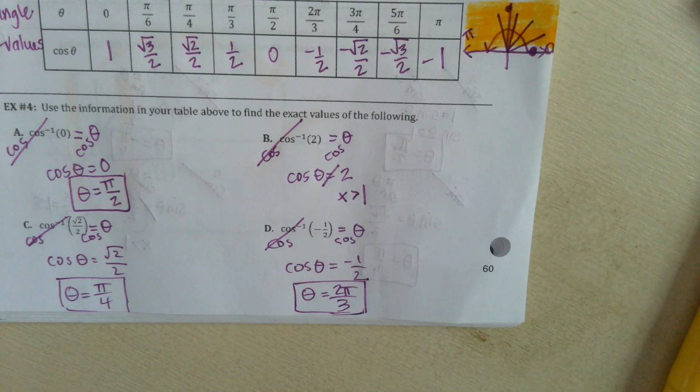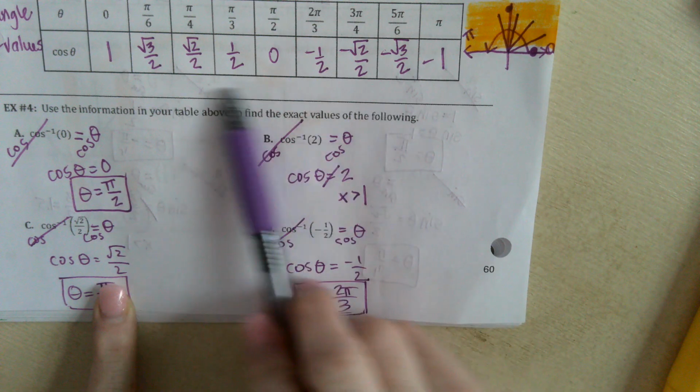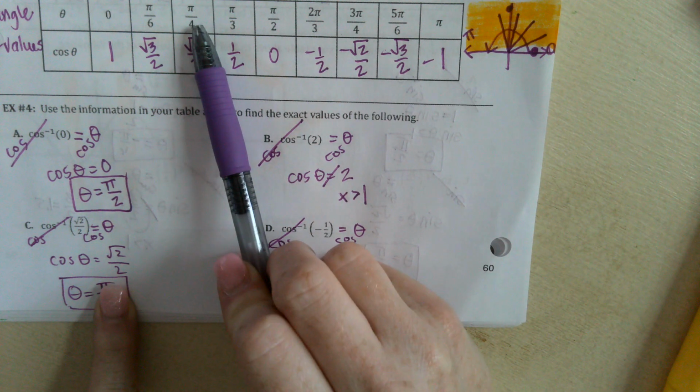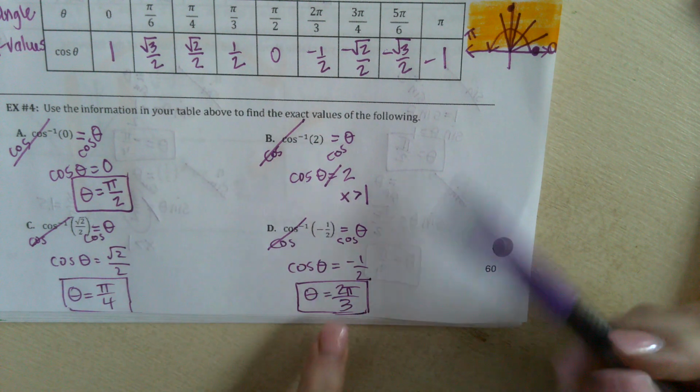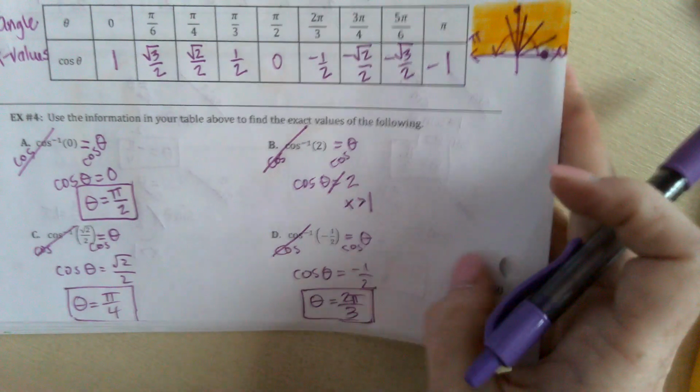I got pi over 4 and 2 pi over 3. Are y'all good? Anybody get mixed up anywhere? Here I was just looking up here for the root 2 over 2, and that was pi over 4. Here I was looking for a negative 1/2, and that's 2 pi over 3.